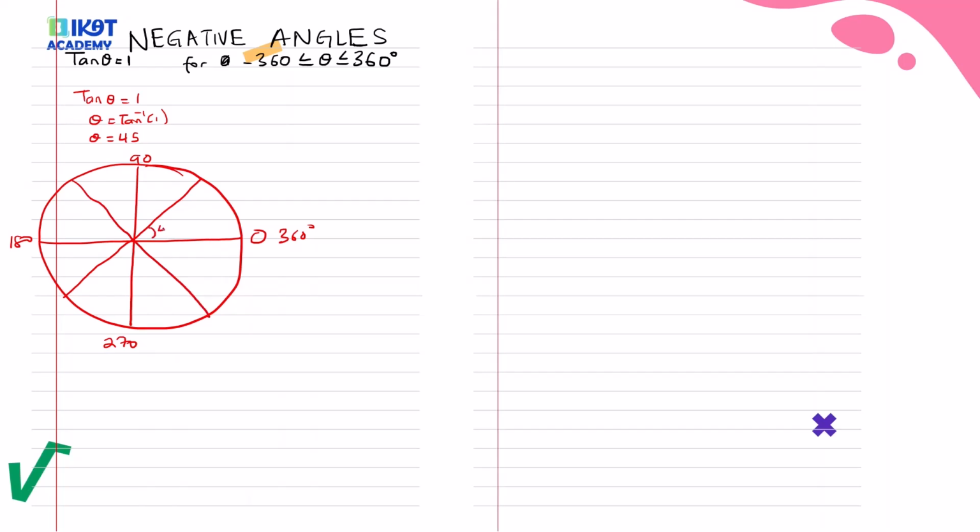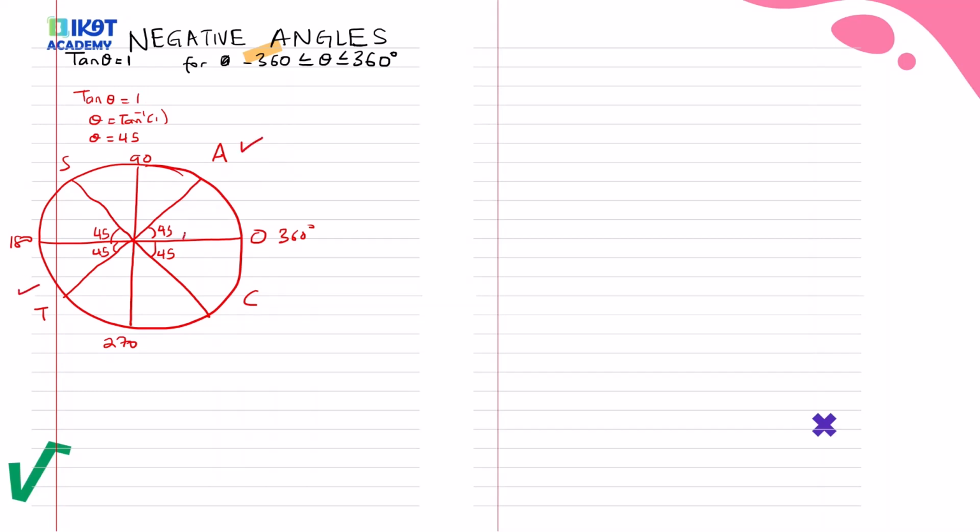So this is 45, this is 45, this is 45, and this is 45. They say here all students take coffee. So here all are positive, here only sin is positive, here only tan is positive, here only cos is positive. From my equation, it's equal to 1, this is positive. So these are the two quadrants I need.